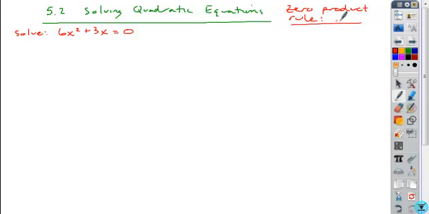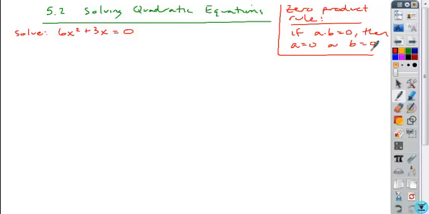The zero product rule states that if A times B equals 0, then either A equals 0 and/or B equals 0. And so it allows you to solve for variables in this way. So in this particular set of problems, what you would do in all of them is move all your terms to one side and set it equal to 0.